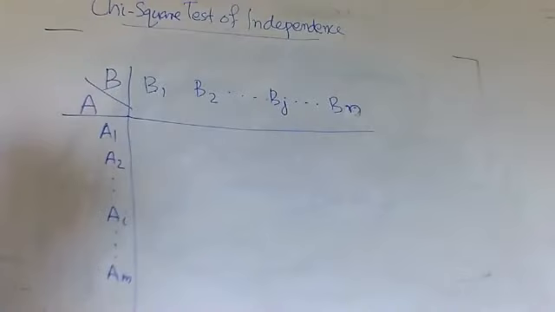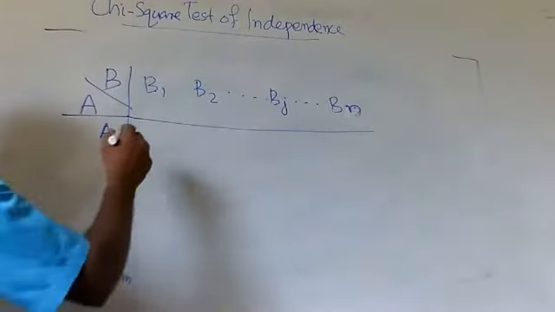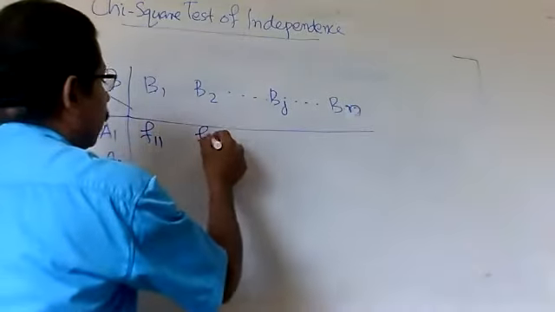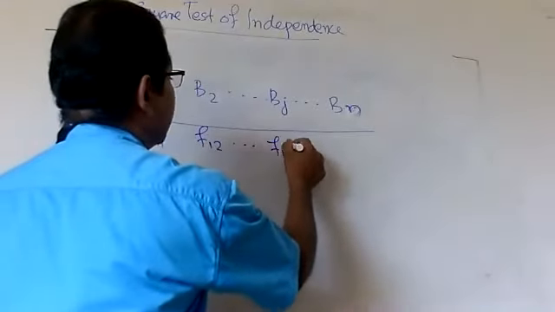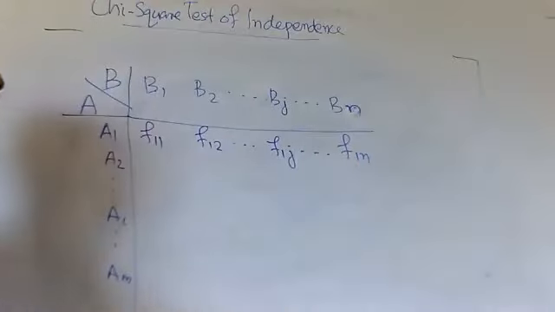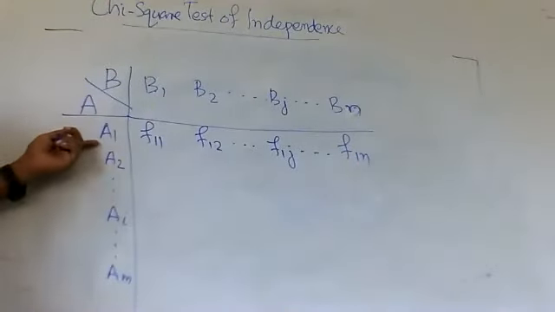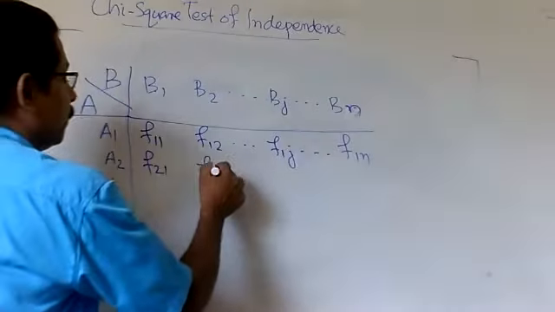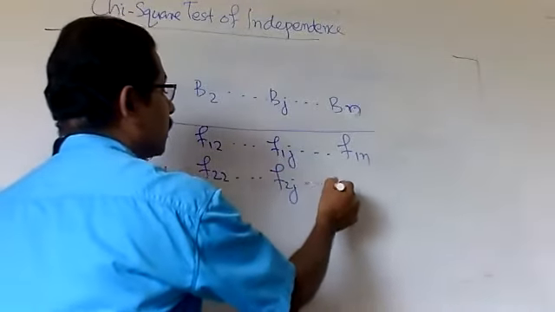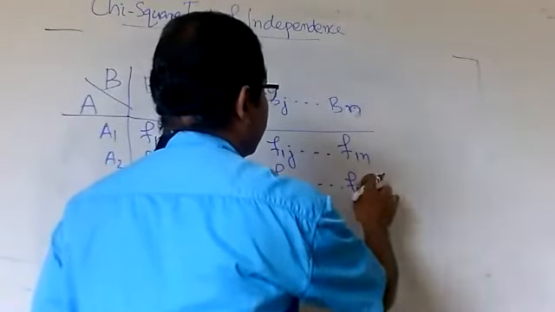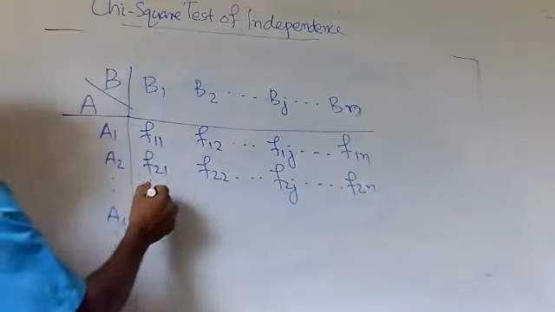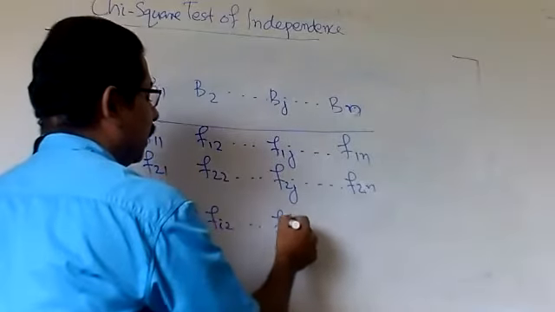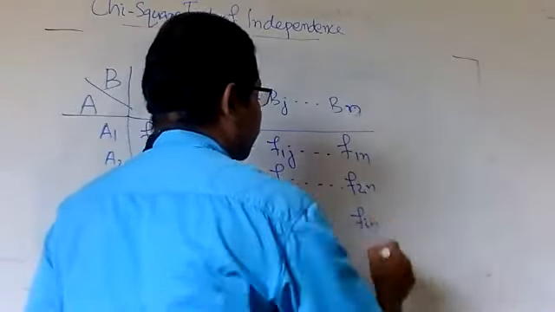Now suppose the number of observations in each cell I denote as follows: in the first cell I have F11 observations, in the second cell F12, etc., F1j, etc., F1n for the first category of attribute A. Similarly for A2 it is F21, F22, etc., F2j, etc., F2n. For the ith row it is Fi1, Fi2, etc., Fij, etc., Fin.